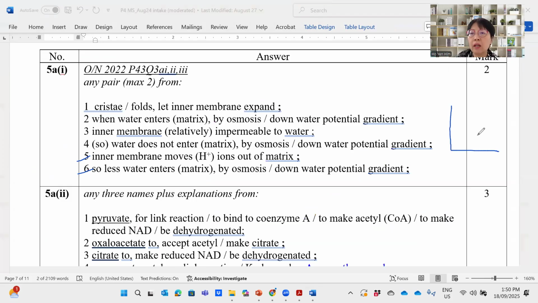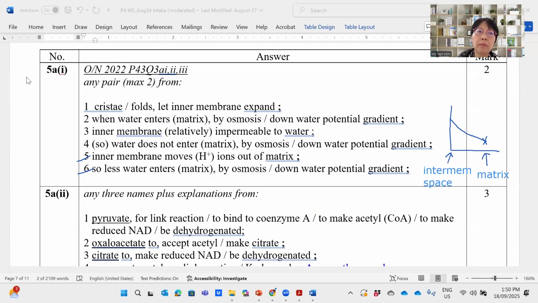So this is the matrix, this is the intermembrane space. So I need to write it. This matrix, and this is the intermembrane space. So initially it's low.